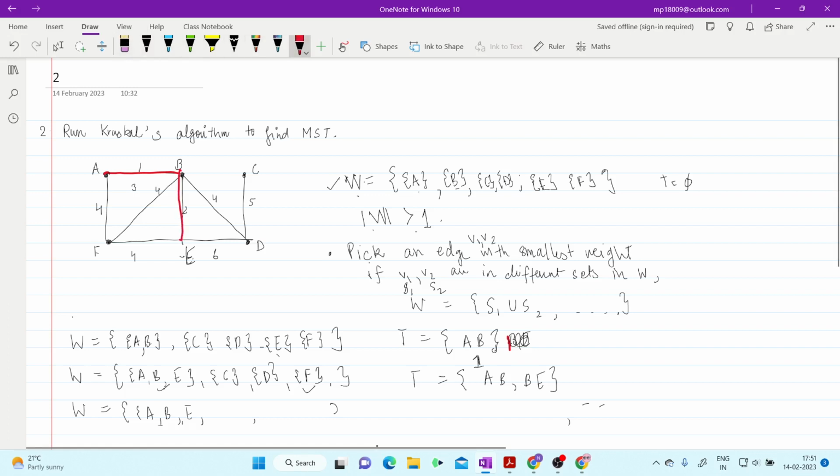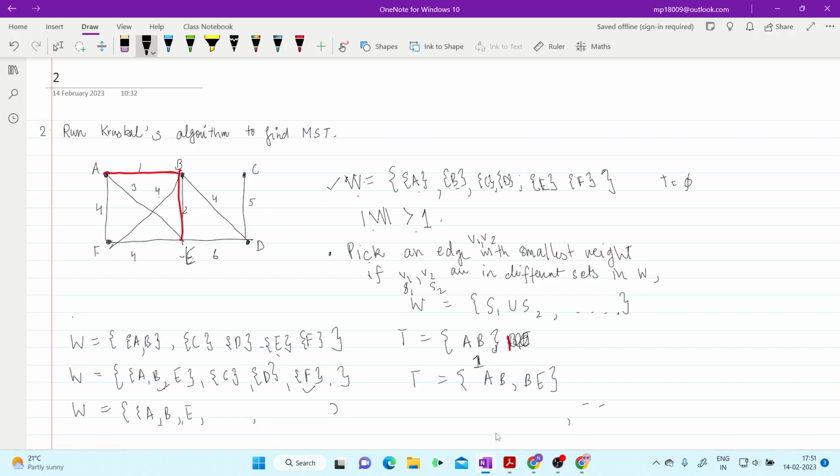Okay, this was not the edge. Next edge was AE. So according to the algorithm, can we accept the edge AE? There was this edge also.